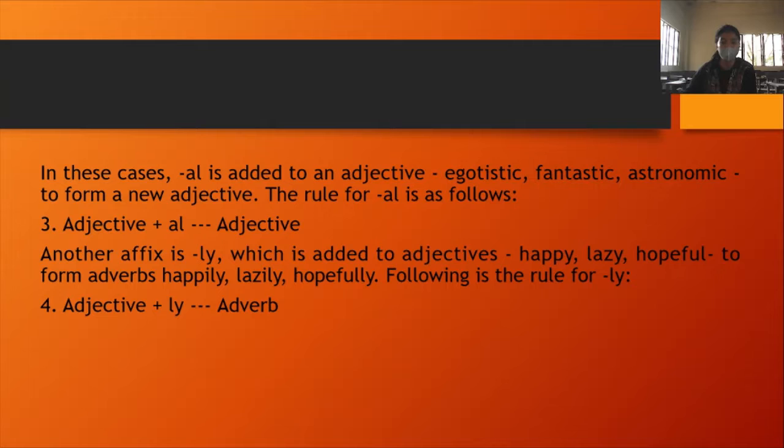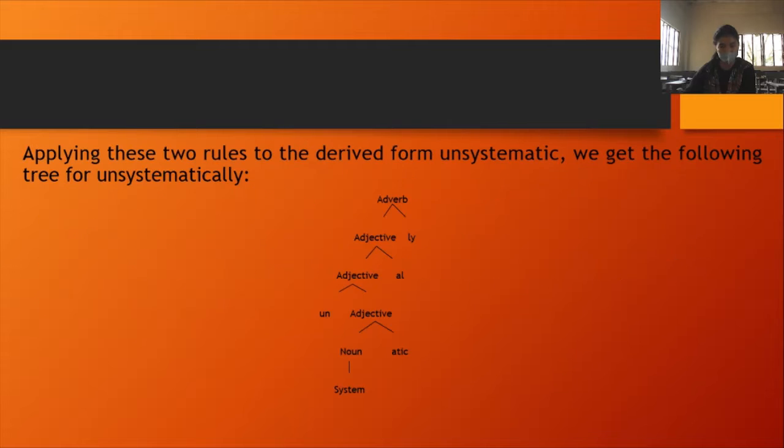The rule for al is as follows. Number three, adjective plus al to adjective. Another affix is ly, which is added to adjectives happy, lazy, hopeful to form adverbs happily, lazily, hopefully, following the rule for ly. Number four, adjective plus ly is adverb.